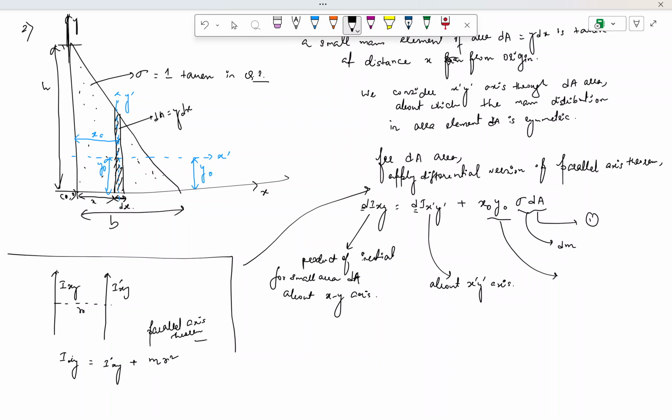The distance between y prime and y is x naught, and the distance between x and the x prime axis is y naught.